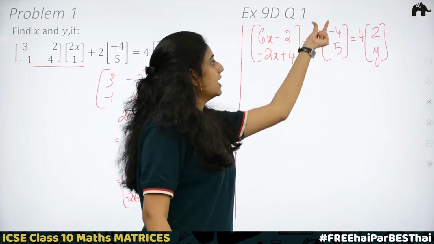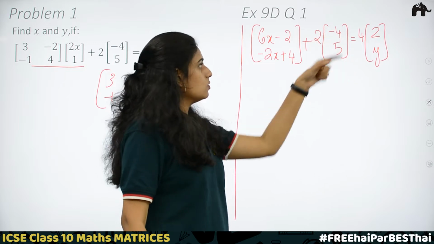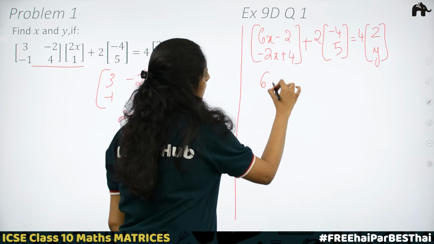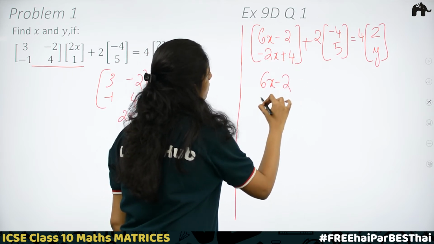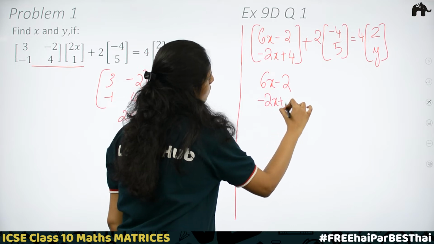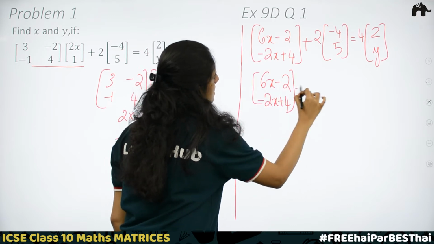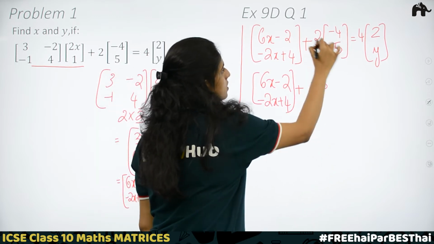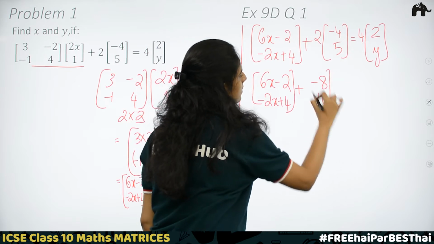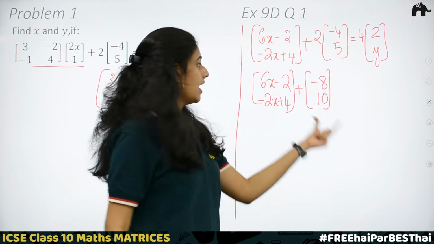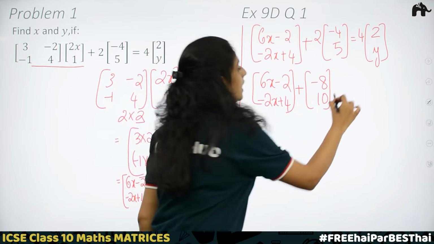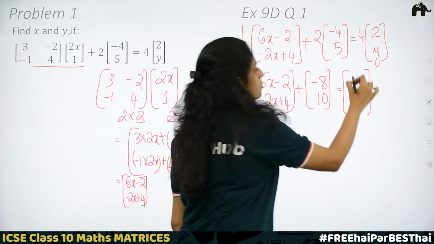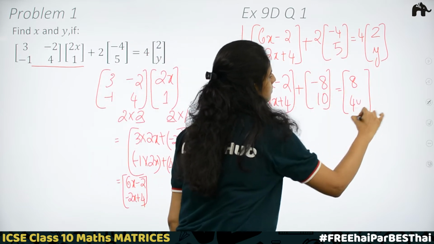Now we are going to multiply the elements of this matrix with 2 and the elements of this matrix with 4. What do we get? We already have 6x minus 2 and minus 2x plus 4, plus 2 into minus 4, which is minus 8, and 2 into 5, which is 10. Minus 8 and 10 are the elements of this matrix, is equal to, multiplying 4 with the elements of this matrix: 4 into 2 is 8, and 4 into y is 4y.